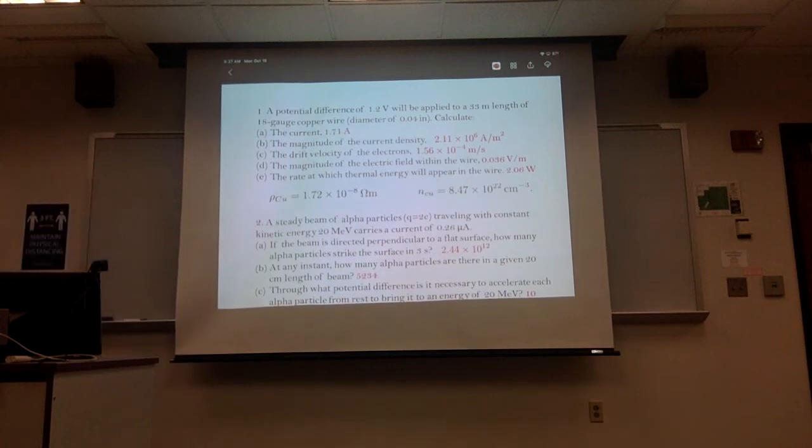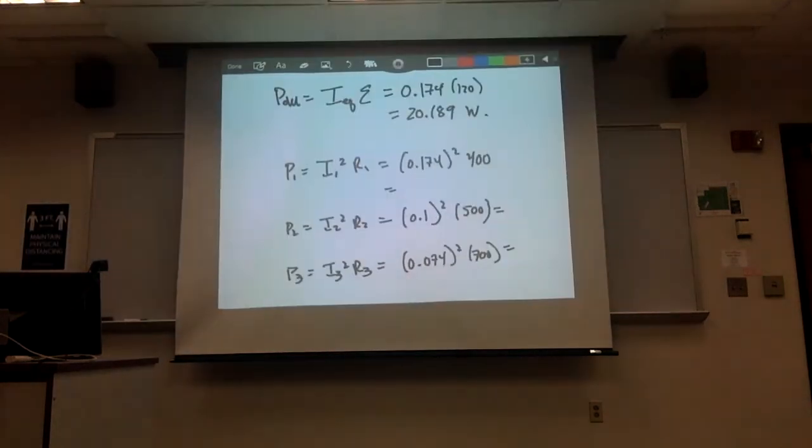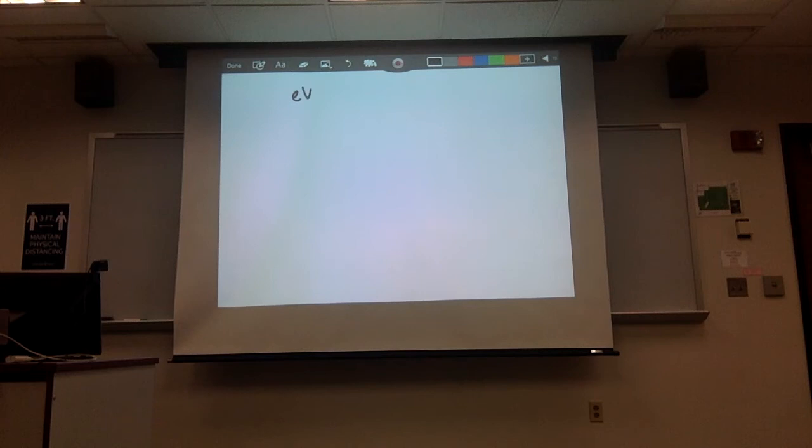So I'll write that down. This has to do with potential energy. So an eV is literally equal to the fundamental charge, which is 1.602 times 10 to the minus 19 coulombs, times 1 volt. So this is equal to 1.602 times 10 to the minus 19 joules.